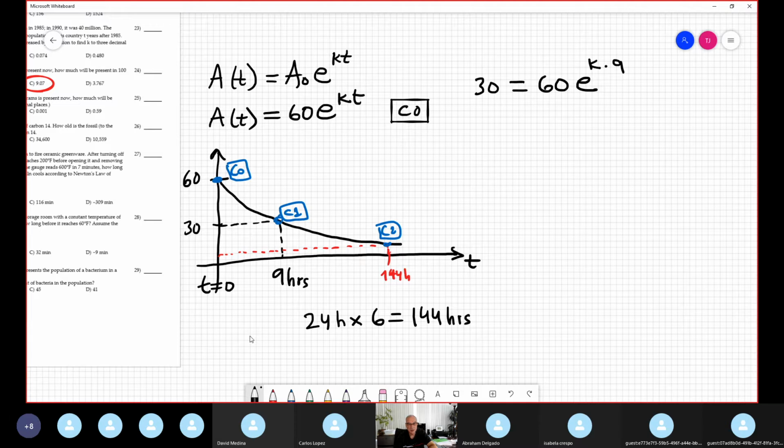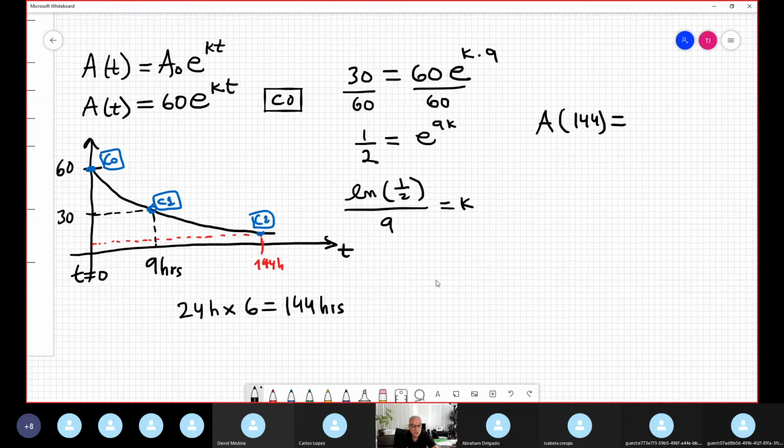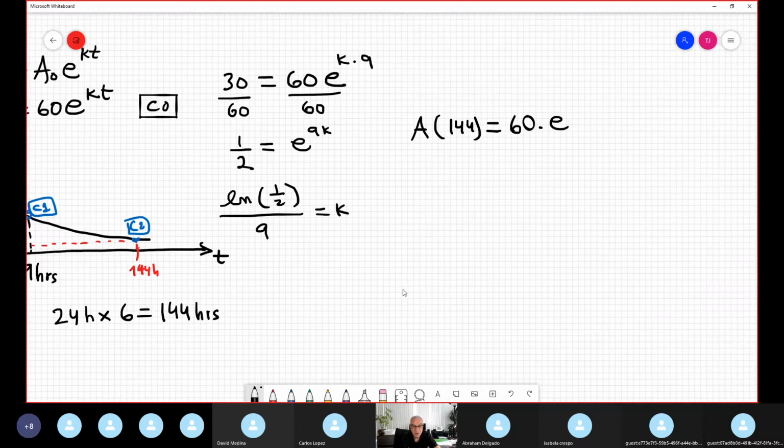Now I go to condition 2. In condition 2, we apply the same formula, but I want to find the amount of substance in 144 hours. It is 60 times e raised to the natural logarithm of 1/2, divided by 9 and multiplied by 144.